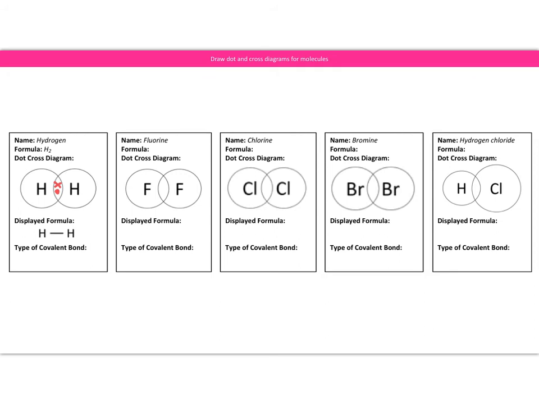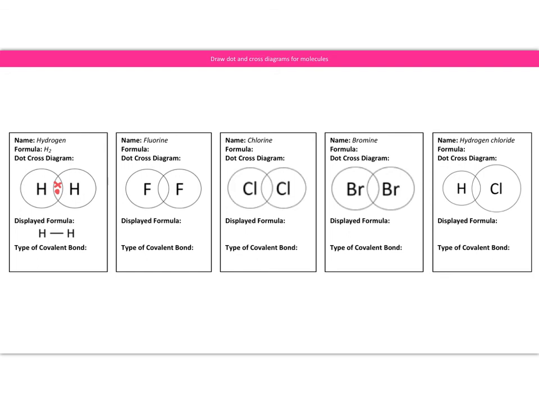Then the next thing you do is you count how many electrons you've put down already in those overlaps. So I've put one cross and one dot, and then you consider how many electrons those elements are supposed to have in their outer shell normally. And hydrogen does only have one electron in its outer shell, so I will only be drawing one cross and only one dot.